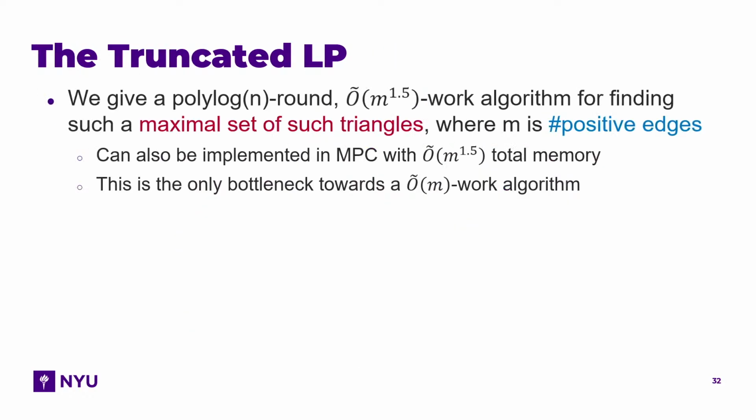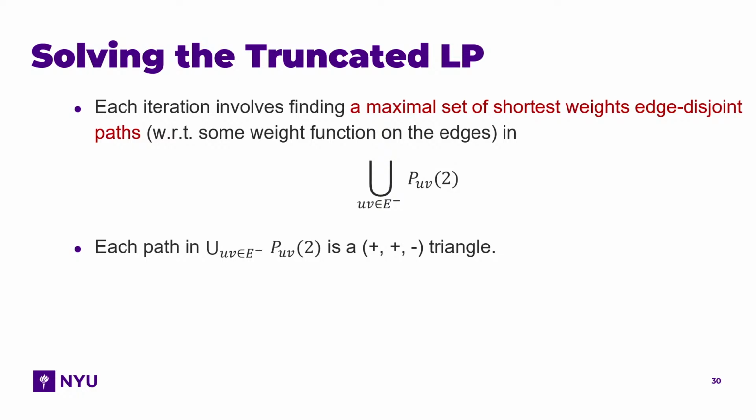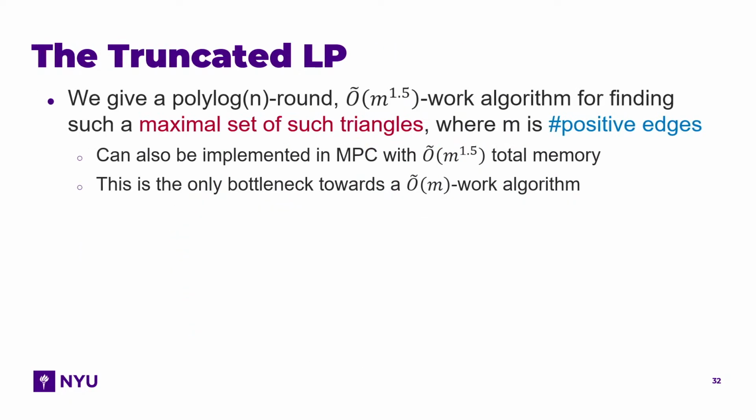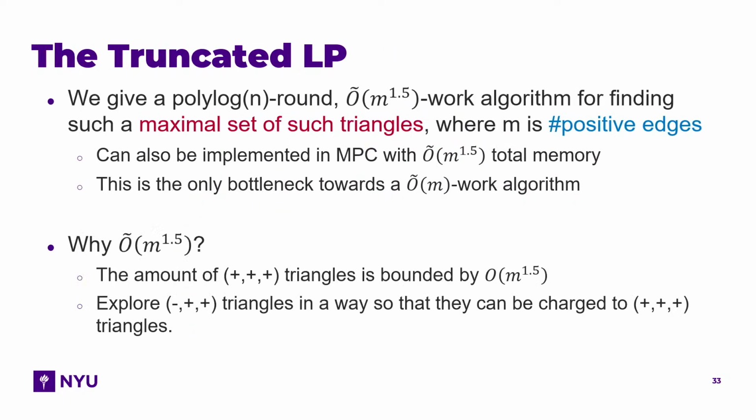So I'm going to explain one last point here. Why does our algorithm take m to the 3/2 work? That's because we consider all the paths with 3 edges. Actually, it's a triangle. So what we need to solve is to figure out a lot of positive and negative triangles.